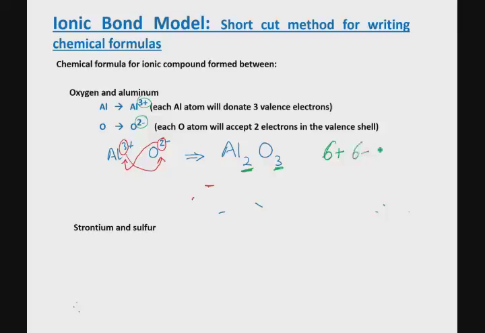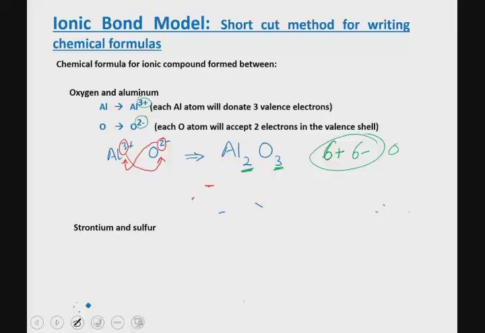That is 6-, and those two cancel each other out to give us a neutral formula unit. So yes, our formula Al2O3 is correct. Please note that we are not writing the charges of the ions in the chemical formula of the compound.